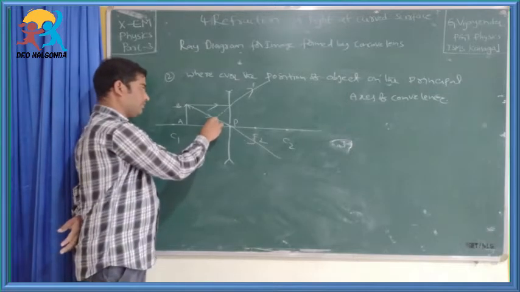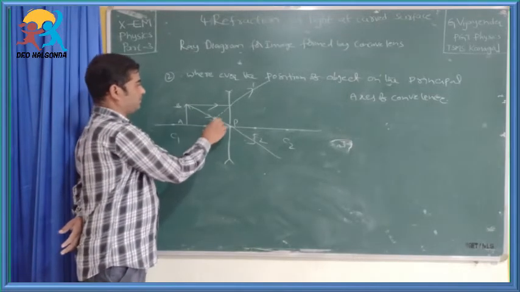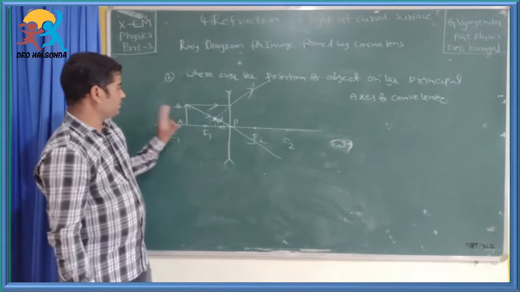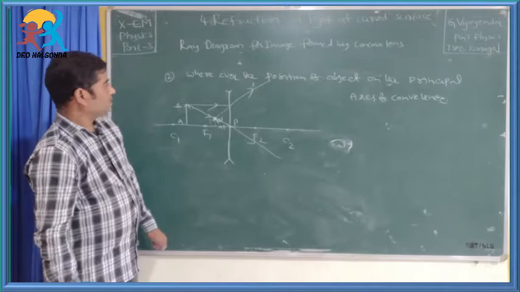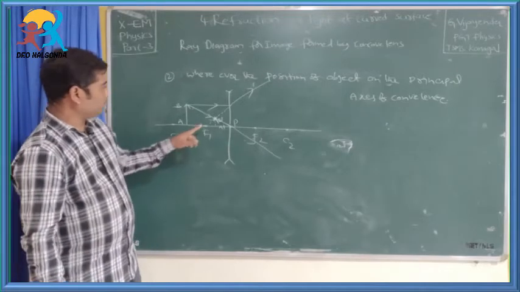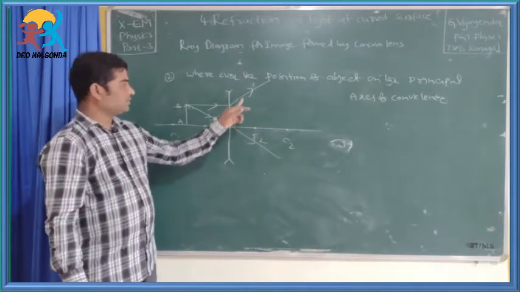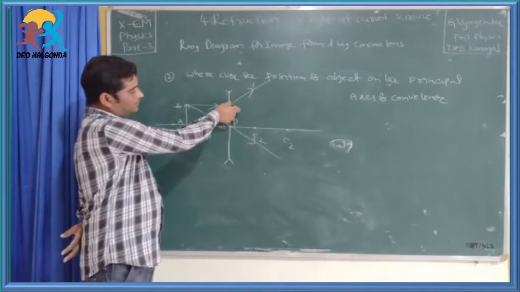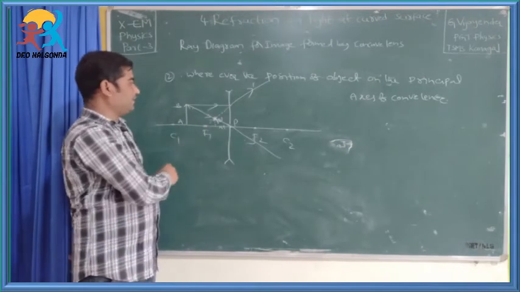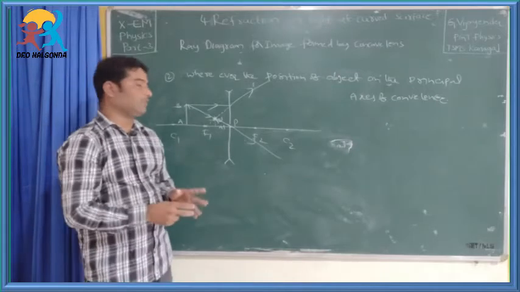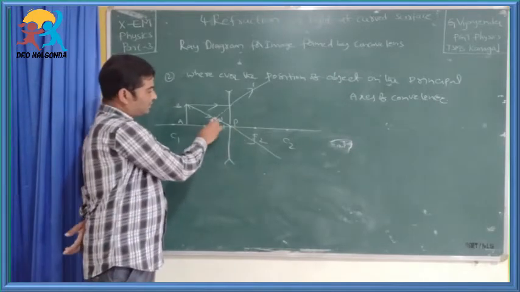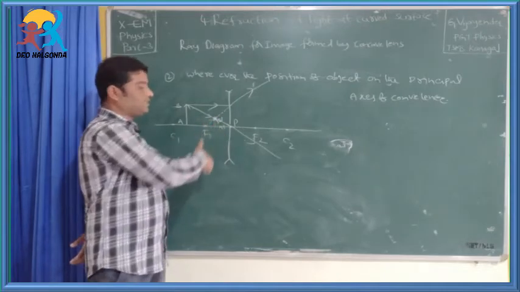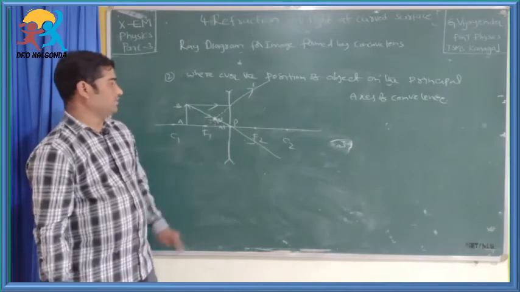So the image is formed here. This is B dash, this is A dash. A dash B dash is the image of AB. This image is virtual because the rays do not really intersect; the refracted rays are just extended backwards, so it appears virtually. So the image is virtual and erect, and the size is diminished.